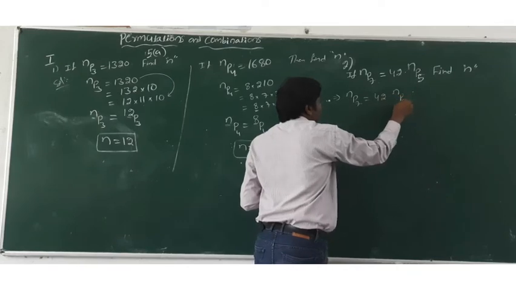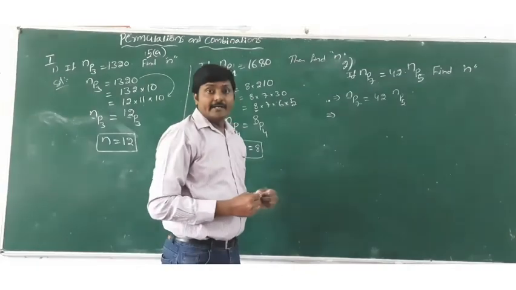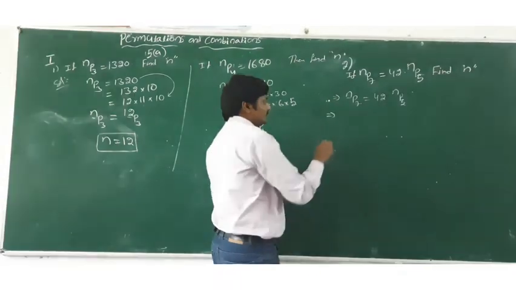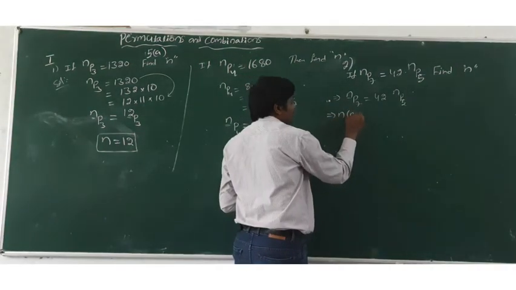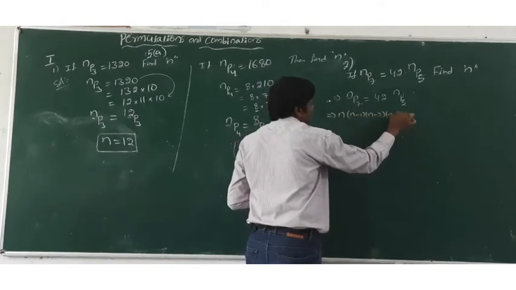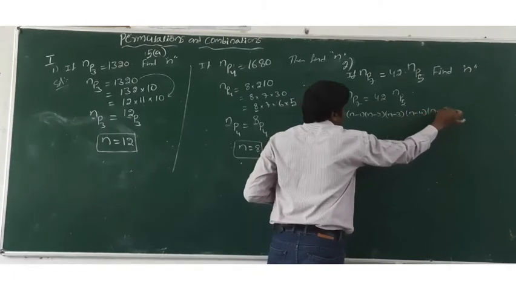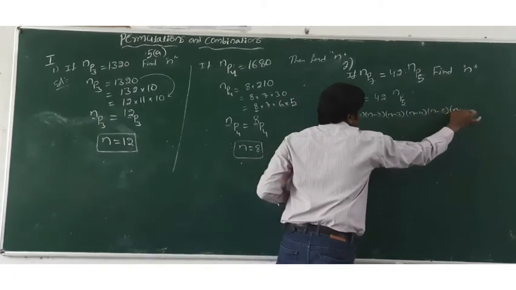nP7 means starting with n, write the 7 consecutive decreasing terms: n, n minus 1, n minus 2, n minus 3, n minus 4, n minus 5, n minus 6.